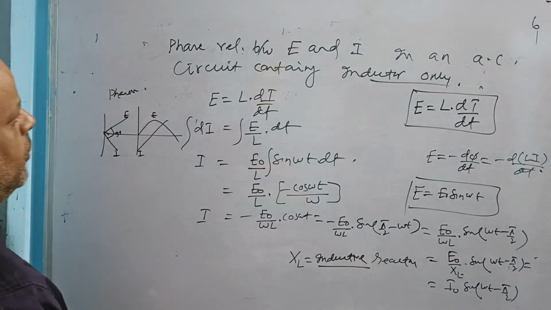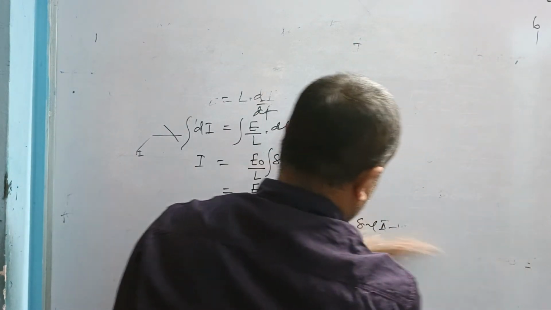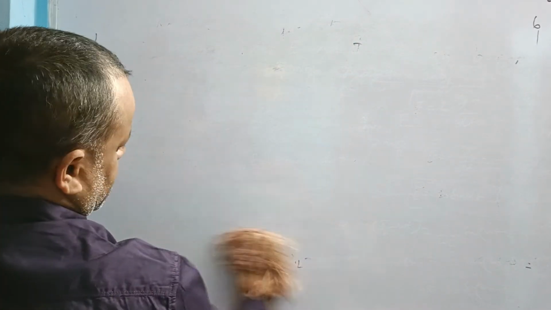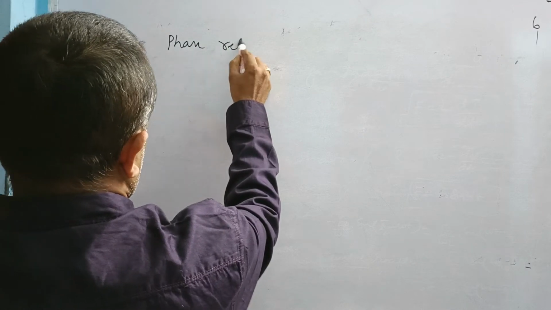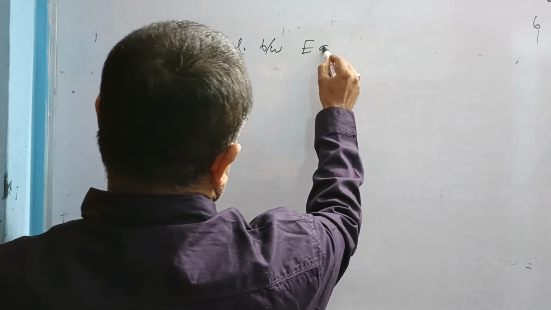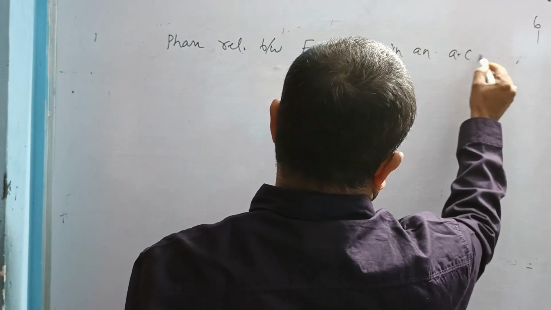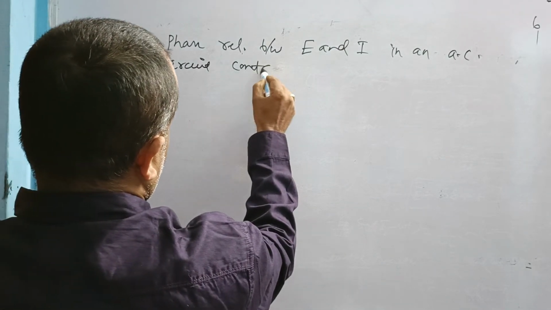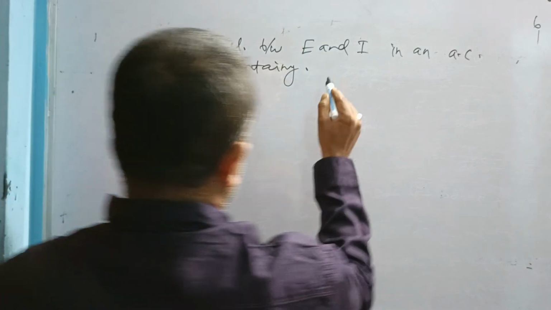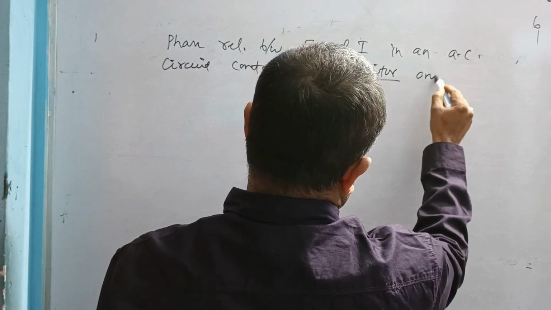Next, we will go for phase relation between E and I in an AC circuit containing capacitor only.